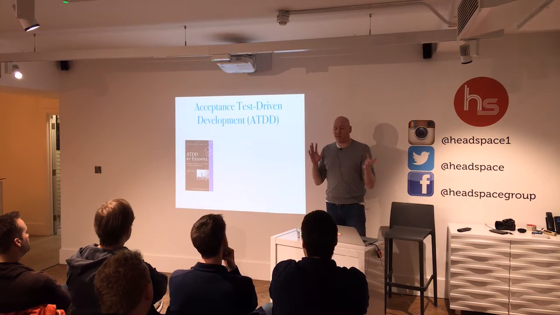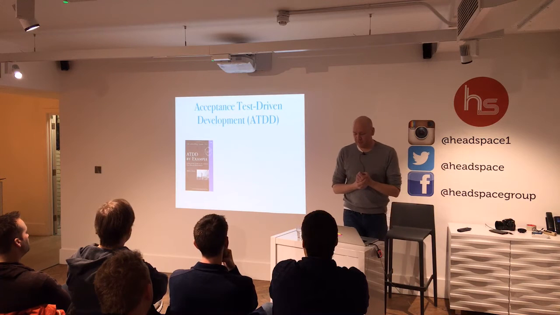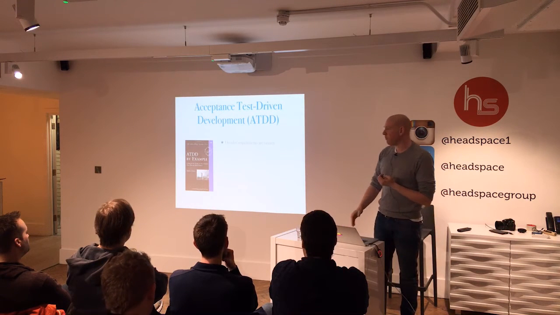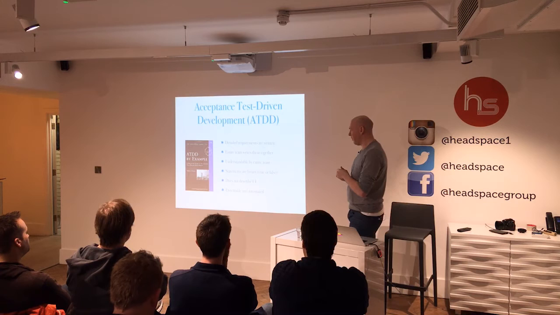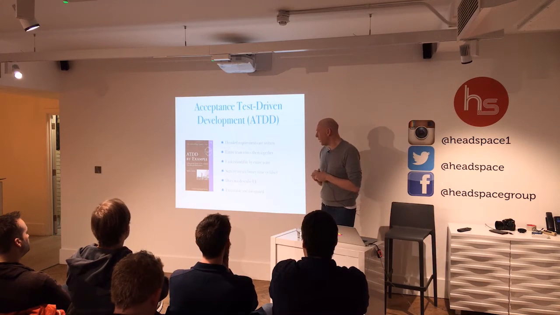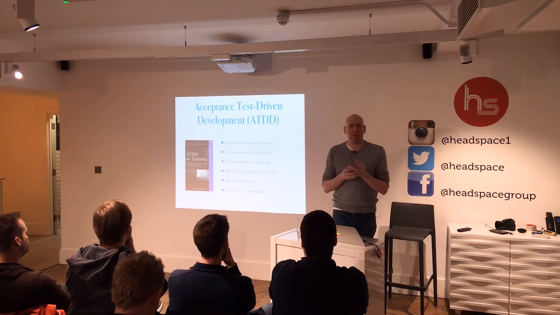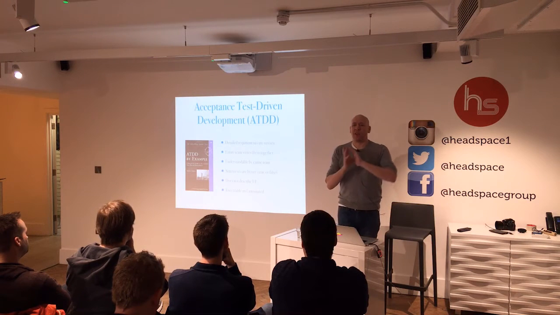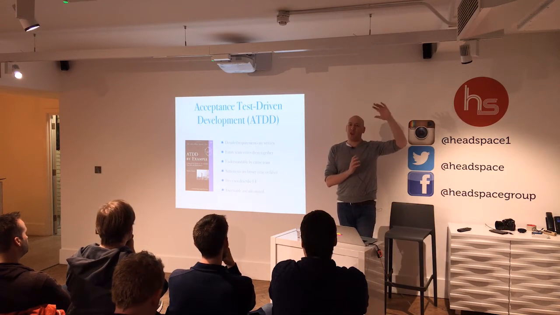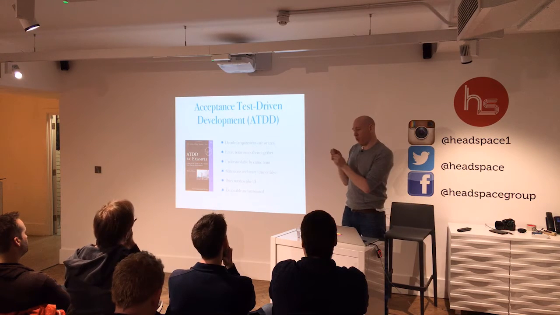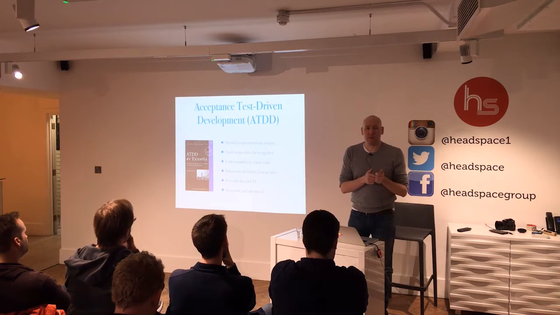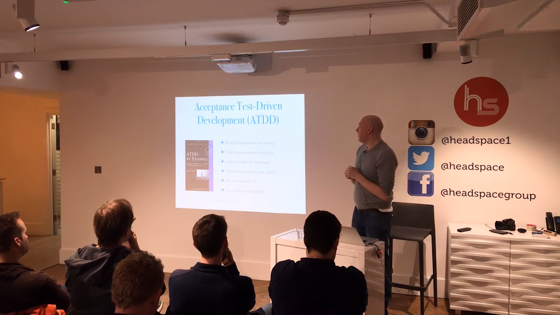This approach is based on the idea of acceptance test-driven development. A summary of what acceptance test-driven development is: it's a little bit like test-driven development, which I'm sure all of you are familiar with, but it's at the level of not "is the code right?" but "have you written the right code?" That's the way to think about this.